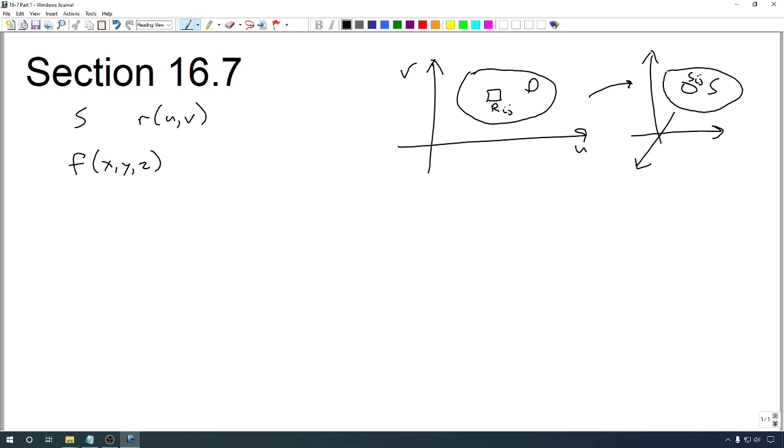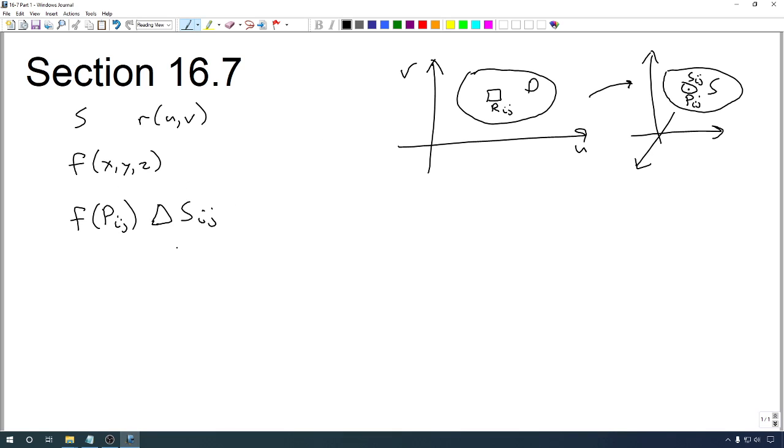We'll take a sample point Pij of Sij, plug it into our function, and multiply it by the area of Sij, which we'll denote by delta Sij. That depends, of course, on the rectangle.